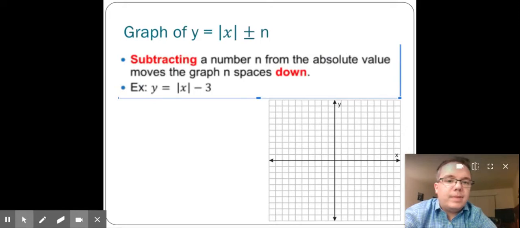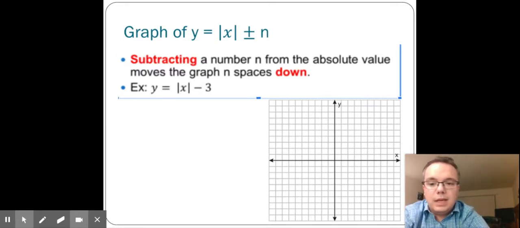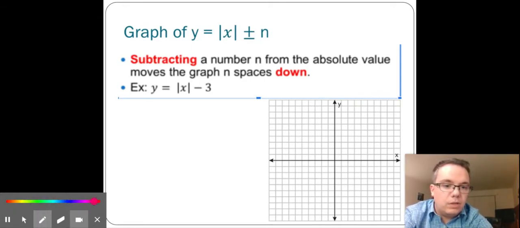All right, so what happens if we subtract a number? If we subtract a number outside our absolute value, our function is going to move down. So if we have y equals the absolute value of x minus 3, everything's going to move down by 3. We usually start at 0, 0. If we move down 3, we'll have 0, negative 3.